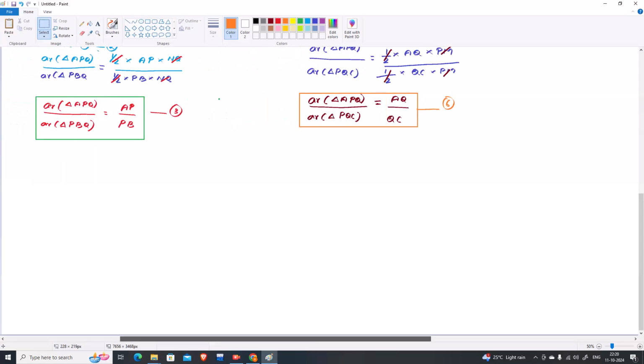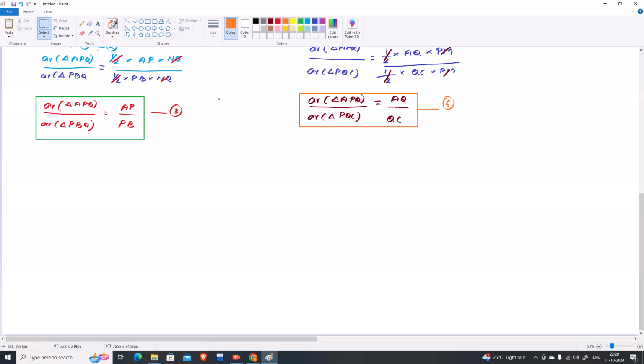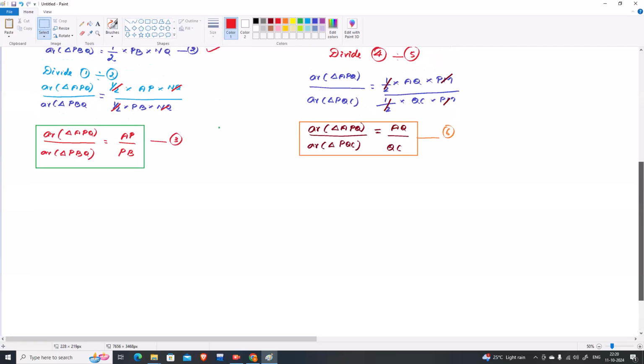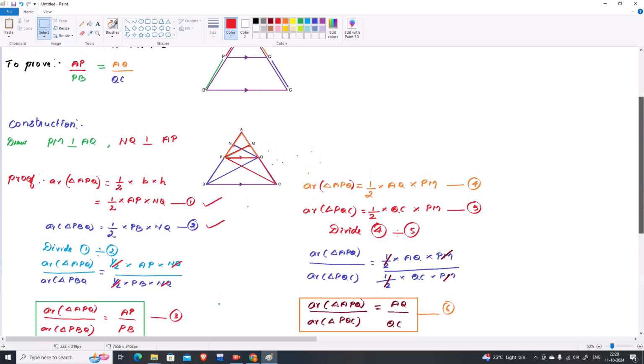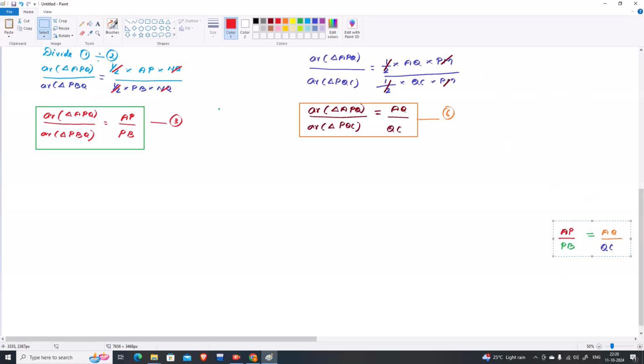Now when you observe the third one and the fifth one, if the left hand side is equal, we can say automatically the right hand side also equal. I have to prove, let me bring the target for our convenience again, one more time down, then I no need to scroll it. So I have to prove AP by PB, which is equal to AQ by QC.